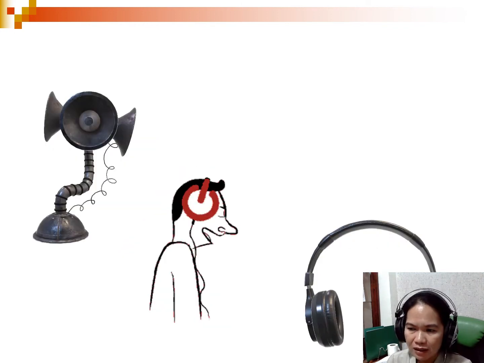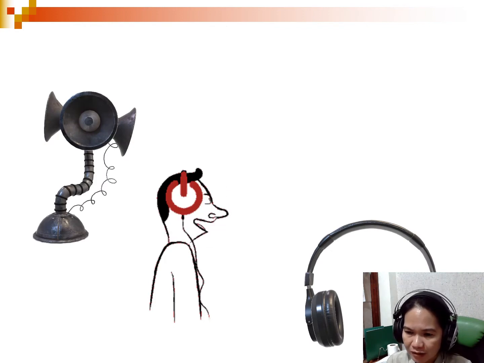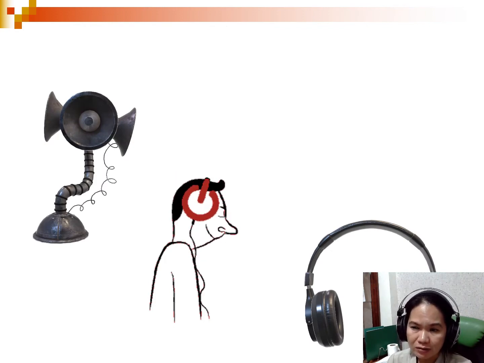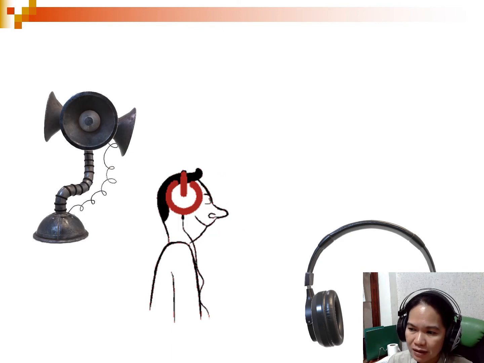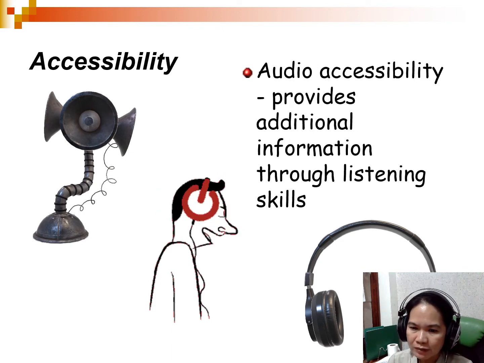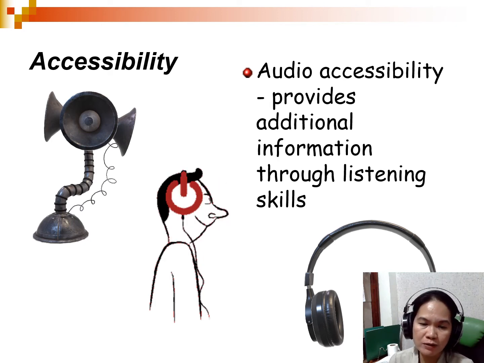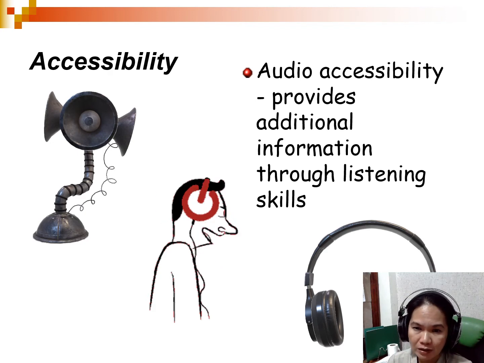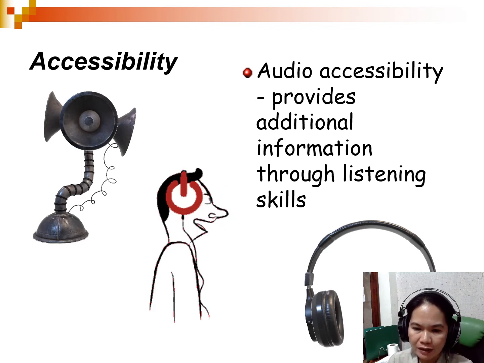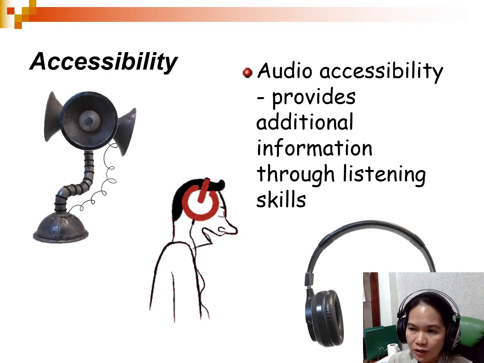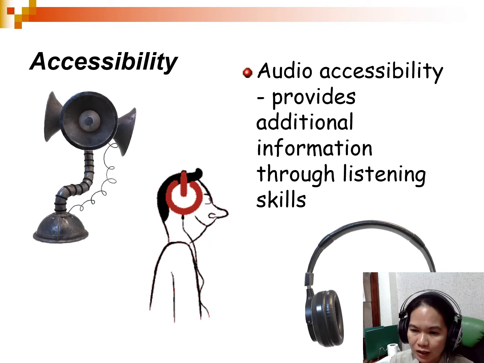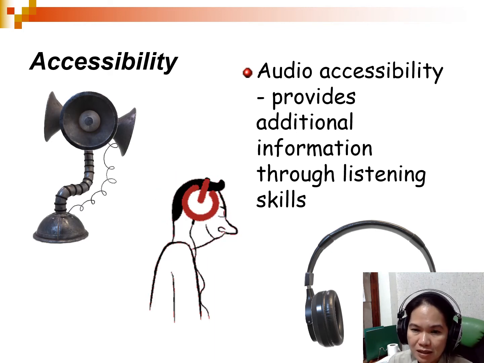Okay, another is the audio. Okay, accessibility in audio. When we listen to a speech, for example, we need the information from the right person who has the information that we need. So when you say audio accessibility, it provides additional information through listening skills.